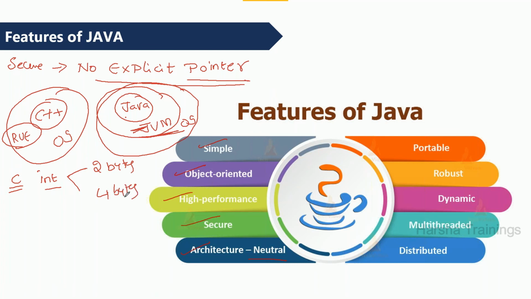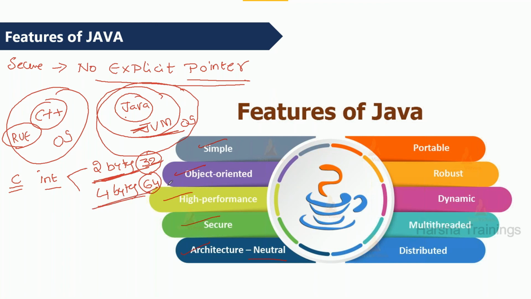Observe this in C language. The size of the data type depends on the machine we are using. If you are using a 32-bit architecture machine, the size of an integer is 2 bytes. If you are using a 64-bit architecture machine, the size of an integer is 4 bytes.